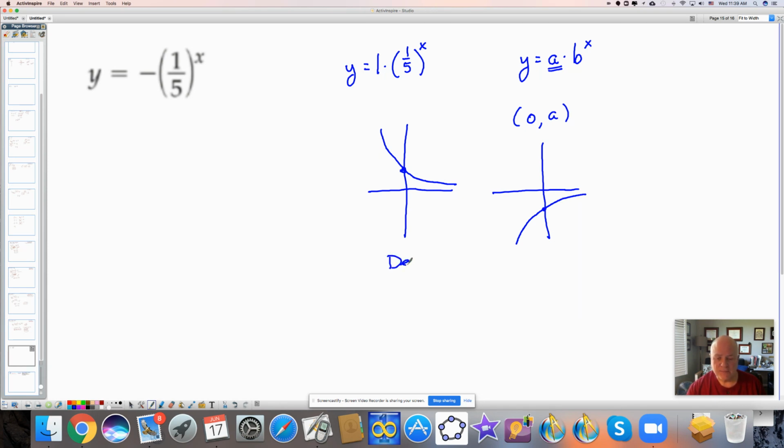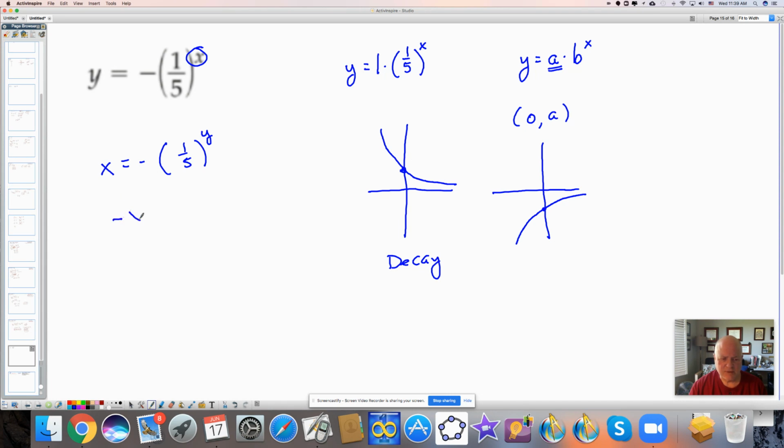This is decay. And we were talking about this in class, about how you would write this in terms of a logarithm if I were looking for the x value. If I were going to write the inverse of this, I would switch the letters. I would have x is equal to -1 over 5 to the y value. And then I want to solve for y. First of all, I want to get rid of this negative sign.